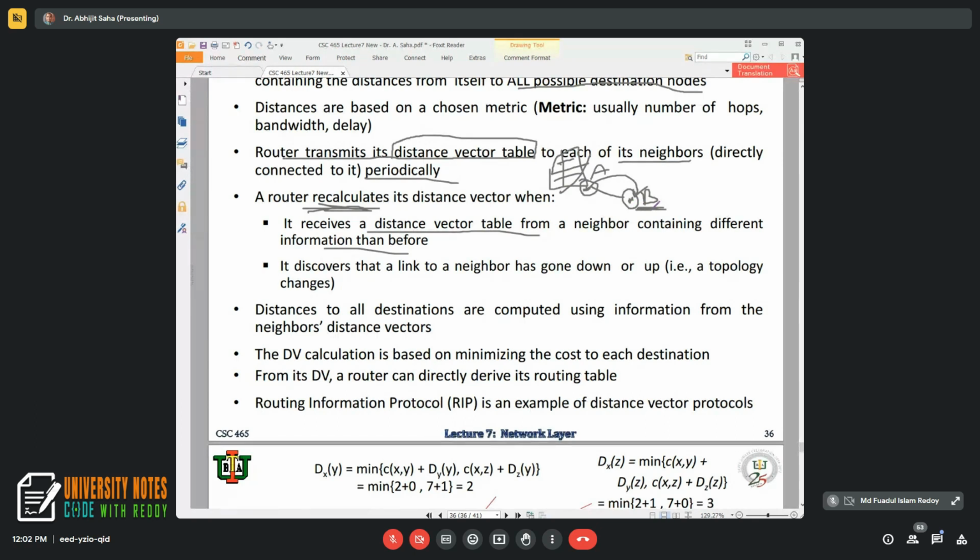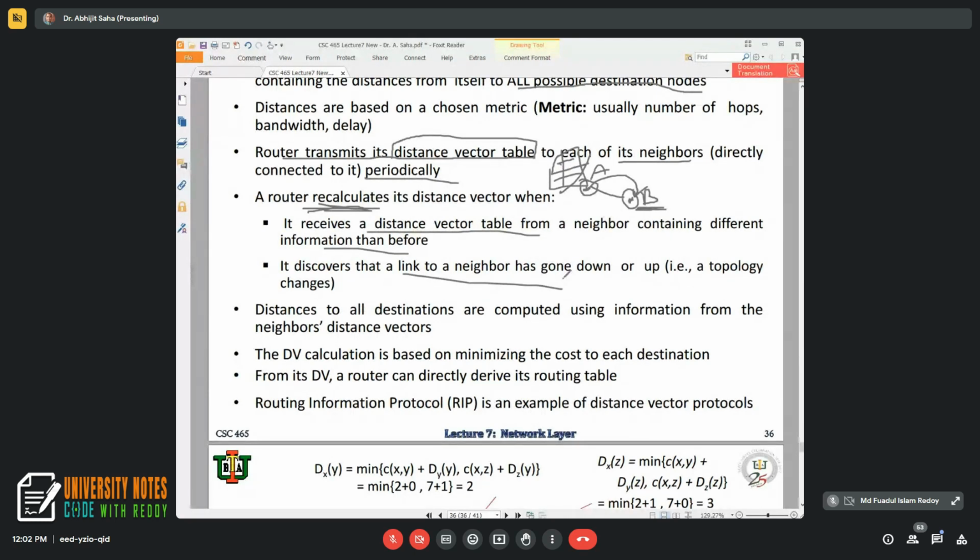That is what is said here. It can happen that a neighbor node is dead, so the table is changed because that node is not available, and that is updated in the table.